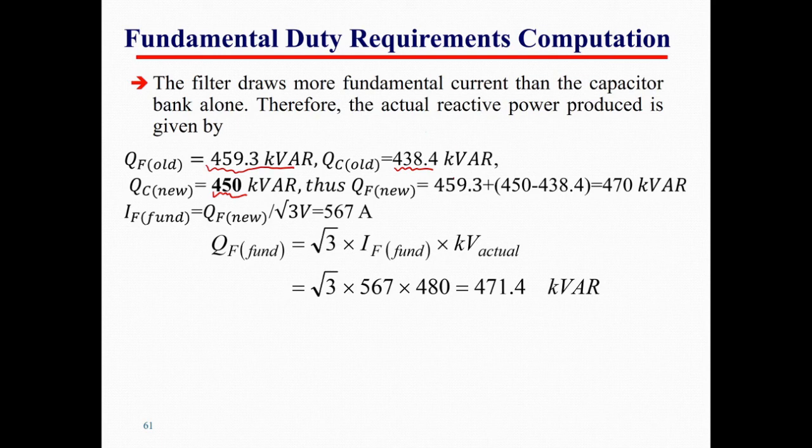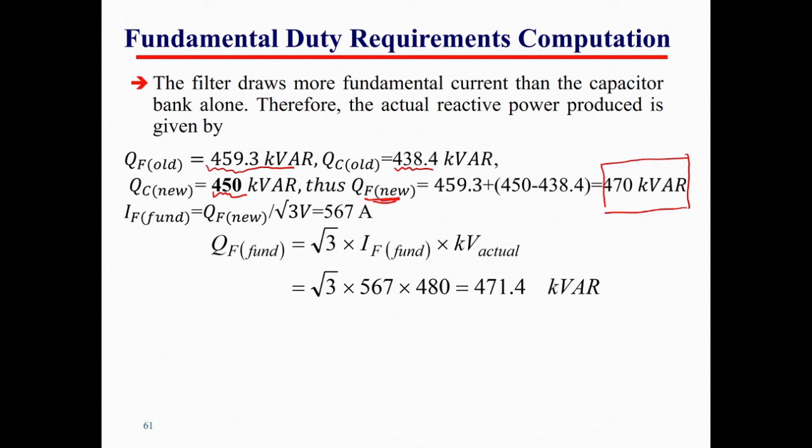Okay, so we have selected this size of capacitor bank, 450 kilovolt ampere reactive. As a result, also the reactive power of the filter will change. Initially it was 493, and now it will change because we changed the size of the capacitor bank. So the new size minus the old size, so then this one will be the new kilovolt ampere reactive for the filter.